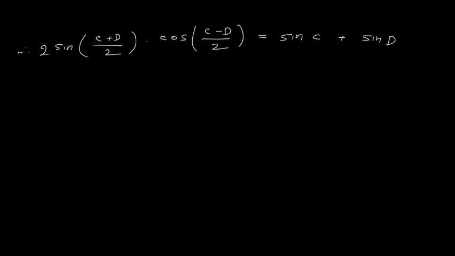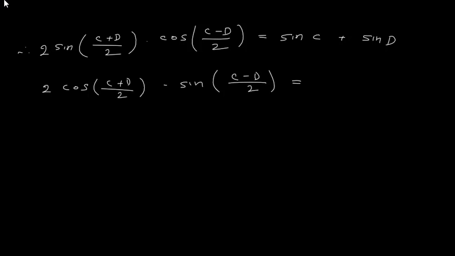Sin c plus sin d is 2 sin c plus d by 2 cos c minus d by 2. This is called the factorization formula, and similarly 2 times cos of c plus d by 2 into sin of c minus d by 2.